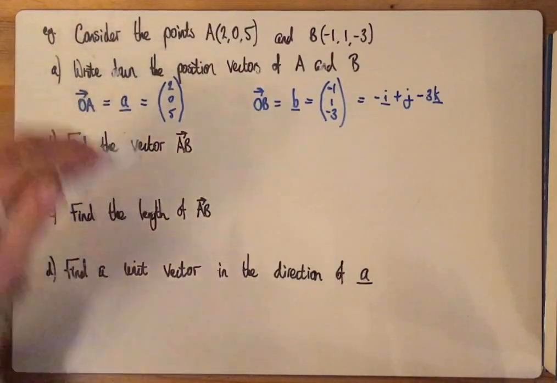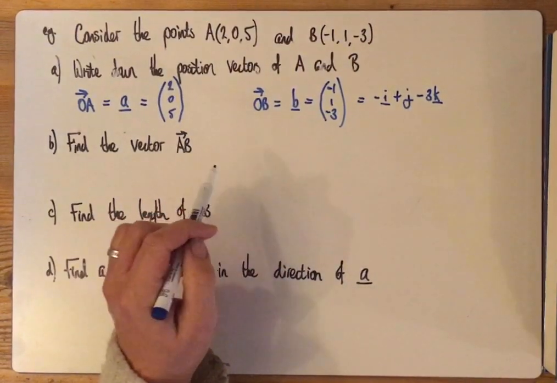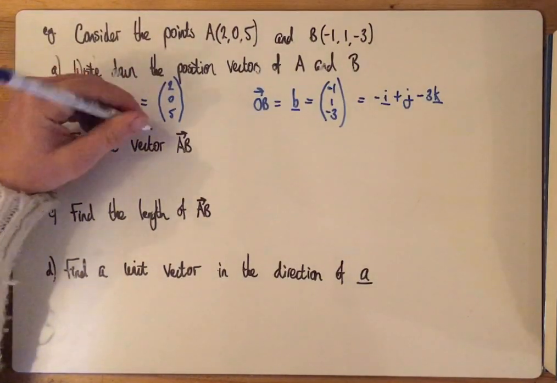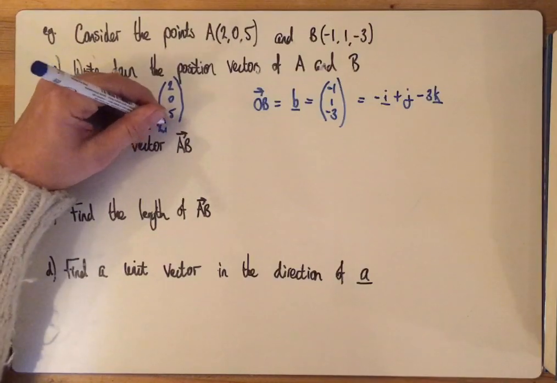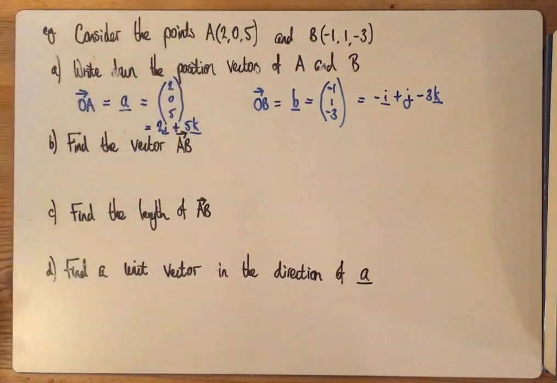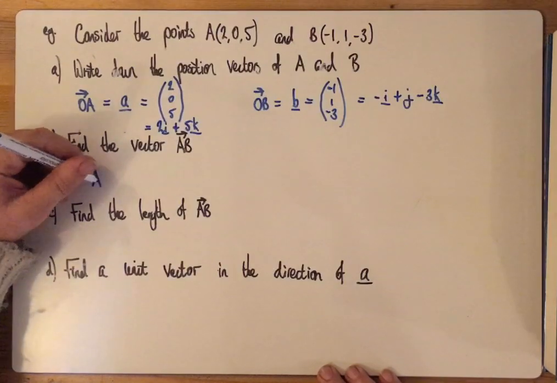I think Jamie tends to do that, but if not, you could think about moving into column vectors a little bit more if you didn't do last year, or not, up to you. So this one, 2i plus 5k, like so.